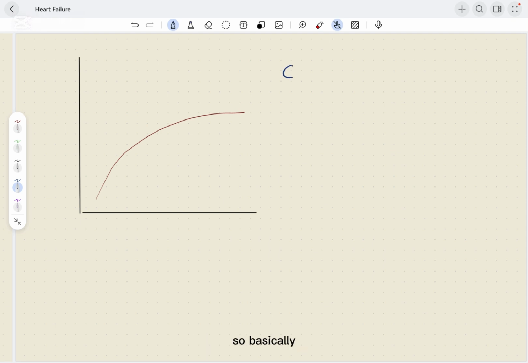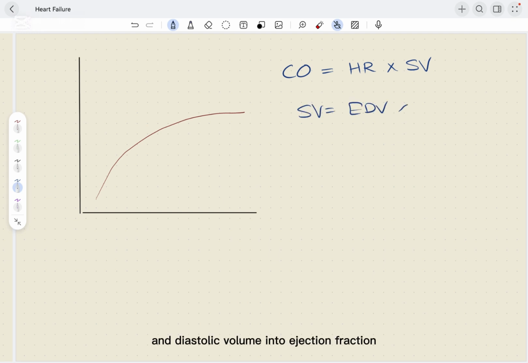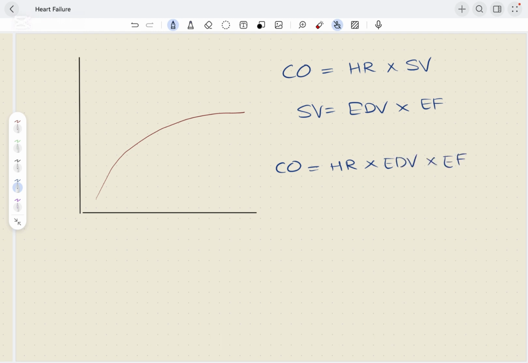Moving on to pathophysiology, so let's get a bit of background to understand heart failure better. Basically, the pathophysiology is explained by this formula, which is cardiac output is equal to heart rate into stroke volume. Now, we know that stroke volume itself is end diastolic volume into ejection fraction. So, we can write it as heart rate into EDV into EF.